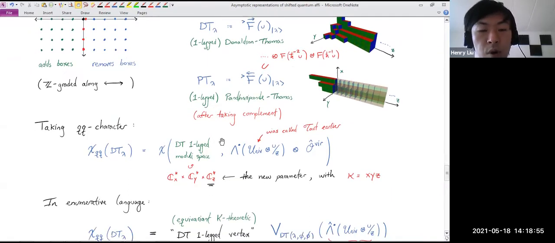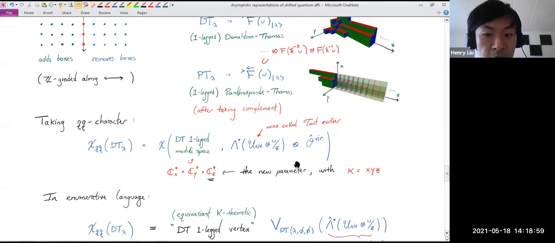But in our earlier representation theoretic picture, we introduced a new parameter called kappa. Here it turns out that kappa is x times y times z, which maybe from a more abstract perspective is the weight of the canonical bundle on C3. Or maybe inverse the weight. It depends on your conventions.